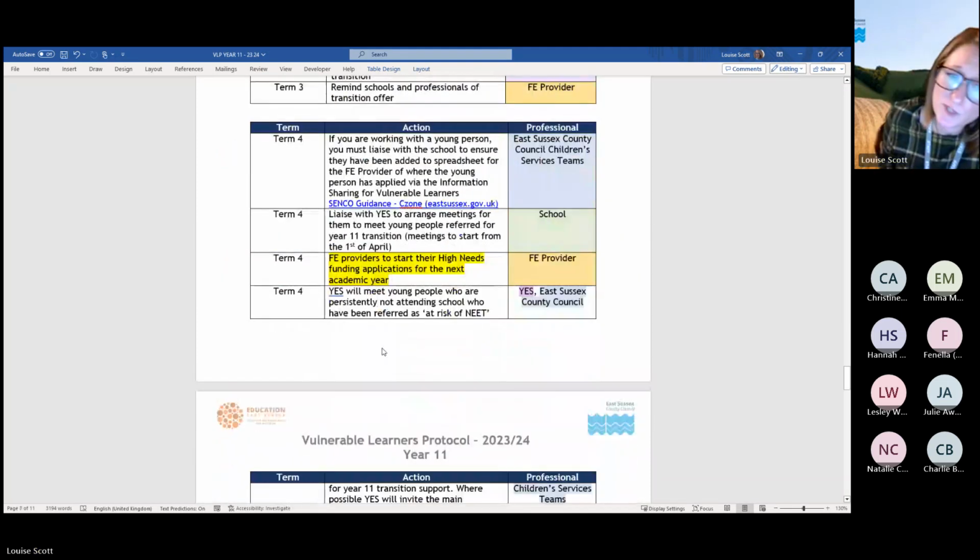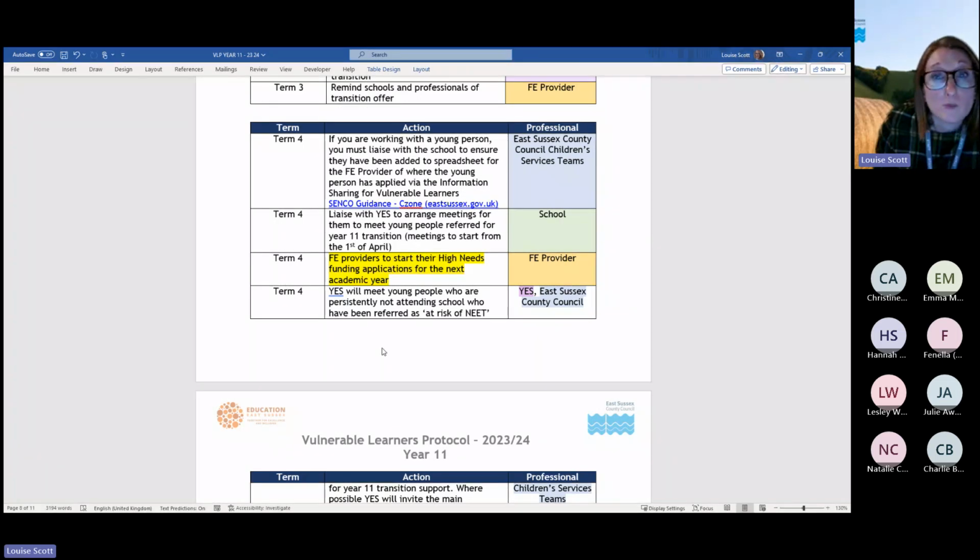Scrolling down. So term 4, further education providers to start their high needs funding applications for the next academic year. So again, this is something that you know, but when you're using this in your setting, it may be really important for other people to be aware of when these things are happening.